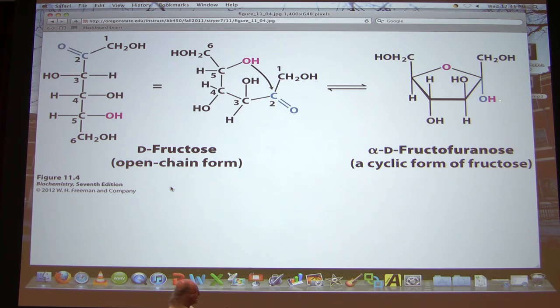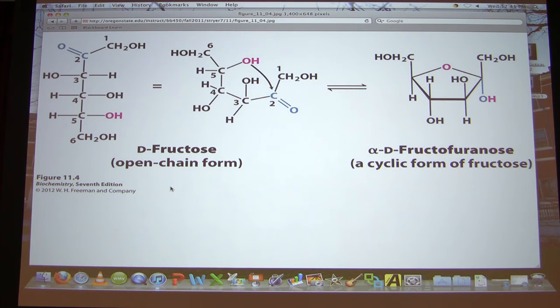Notice it's the hydroxyl that determines the position of alpha or beta, not the carbon that's there. All right? Can we have a beta-D-fructofuranose? Yes, we can. Okay? Your book has gotten lazy and they haven't drawn it.